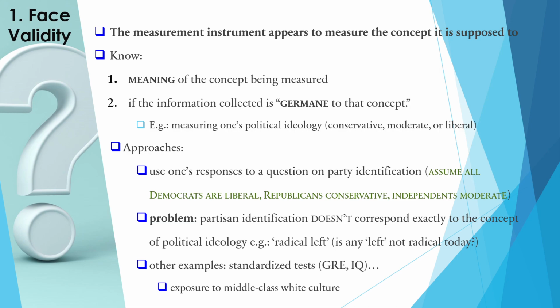For example, the GRE, the Graduate Record Exam, has been thought to reflect more middle-class white society rather than being an objective measure of your ability to succeed in graduate school. In fact, there are few tests, I think, that will, because some people become very good test takers.